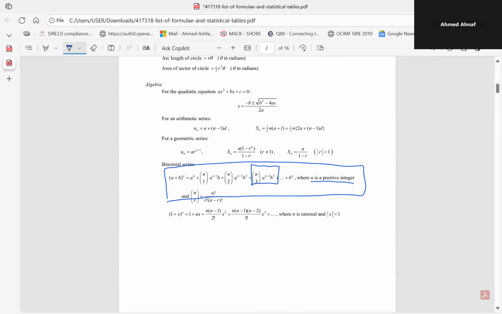So instead of having a number here, you're just going to replace it with r. So n choose r times a to the power of n minus r times b to the power of r. So this would be our general term formula.